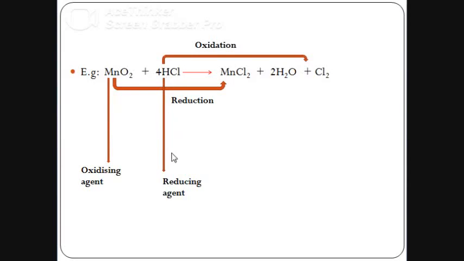So a reducing agent is the one which causes oxidation of itself, thereby causing reduction of others. So we had discussed oxidation. Here hydrochloric acid is being oxidized, so here the oxidation reaction takes place and it is getting oxidized to Cl2, and manganese dioxide is being reduced into manganese chloride.